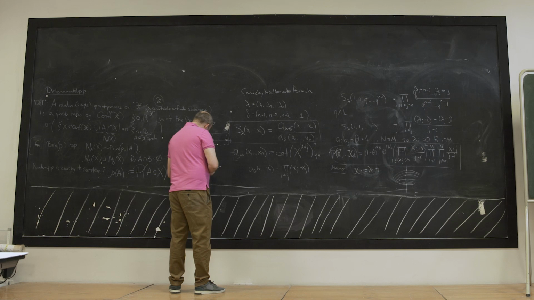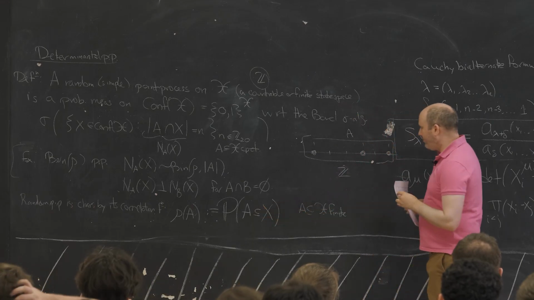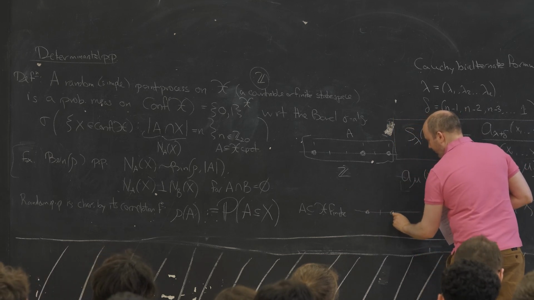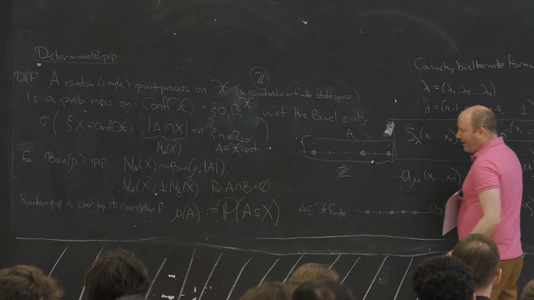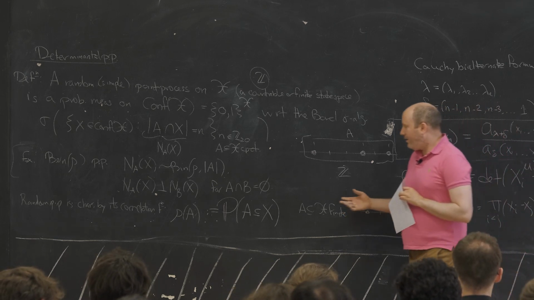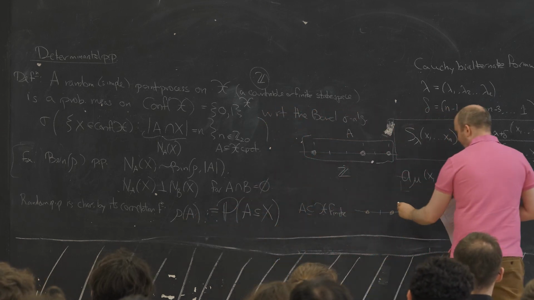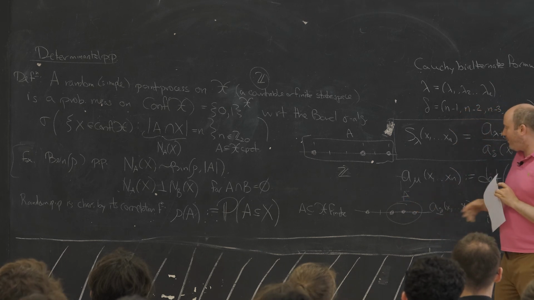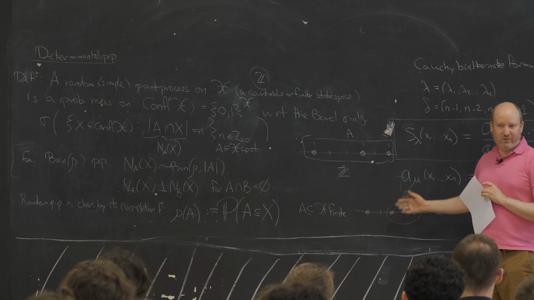So kind of turning it around a little bit. Now I imagine I have my point process, and I choose some subset. Maybe the subset is these 3 points. I call that A, and I ask, what was the probability that these 3 points actually lie in the instance of my point process?